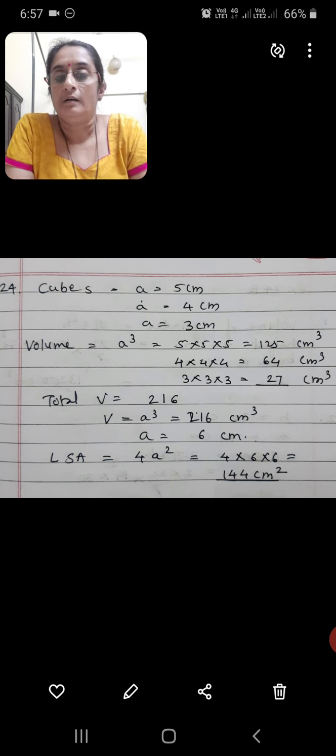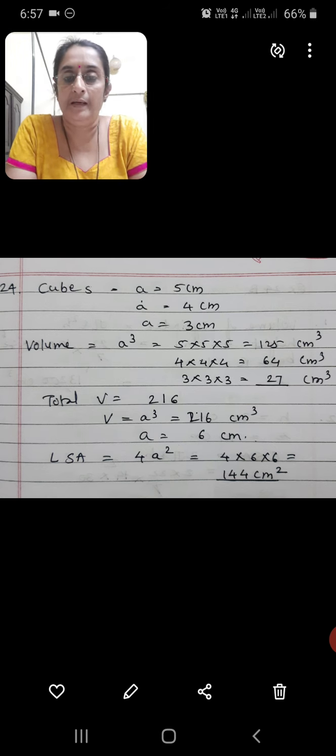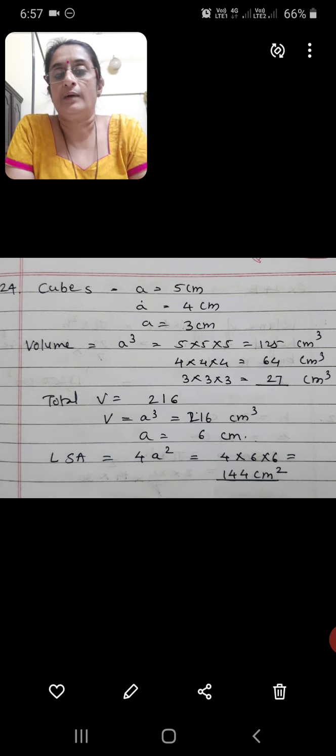So now you have to find out the volume of all these 3, and these 3 cubes are melted and then made into one new big cube. So you should know how much is the volume of these 3 metal cubes first. One is with 5 centimeter.